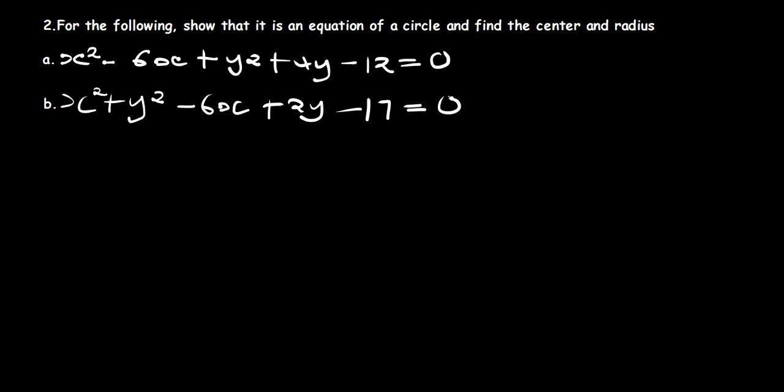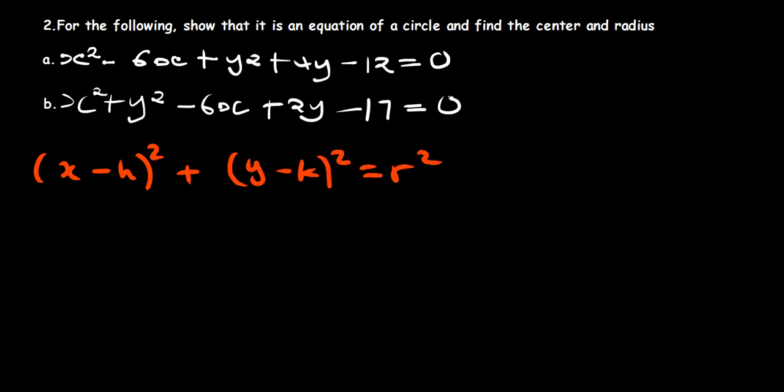So in the first part here, we see that we have x squared, then 6x plus y squared plus 4y minus 12 is equal to 0. So now we must get something that must look like this. Plus y minus k squared is equal to some r squared there.